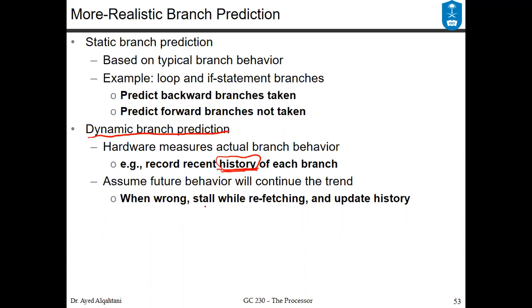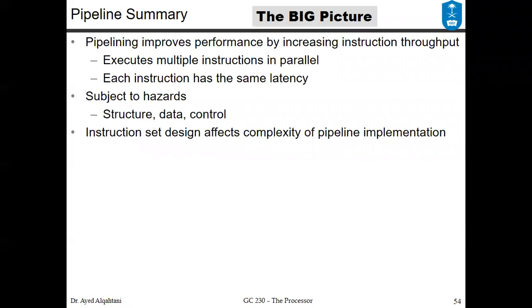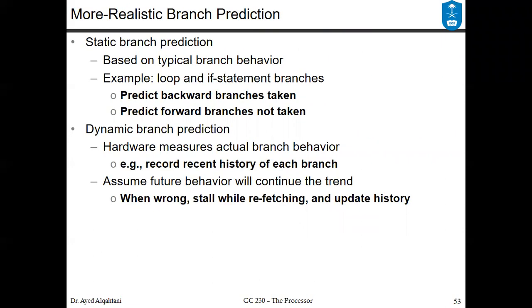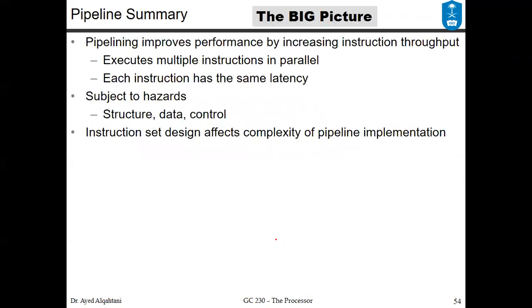When it's wrong, then you have to add this bubble or stall. You wait for some time and refetch the correct instruction and update the history that you are keeping track of accordingly. Now, I need to say that more of this will come in the next slide.